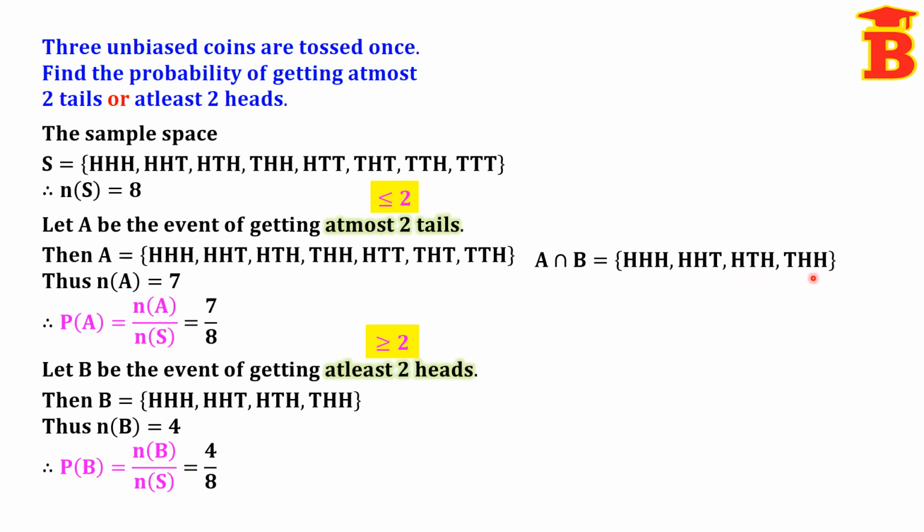So take and write all the common elements. So there are 4 elements common. Therefore n of A intersection B equal to 4. Using the formula P of A intersection B equal to n of A intersection B divided by n of S, that is equal to 4 divided by 8.